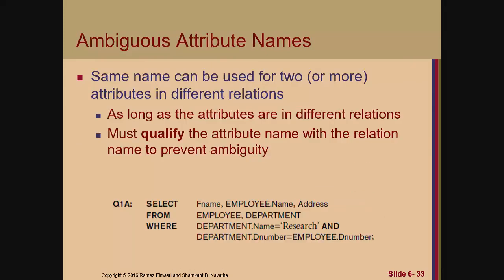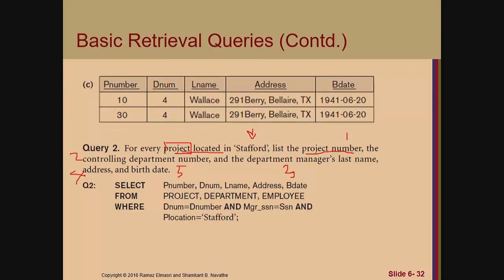So we have to get the location first. The location is in the project, and then we know the department number from department, and we know who the manager is from the department table, and use the SSN of the manager to check the last name using the employee table, and also the address and birth date from this table.